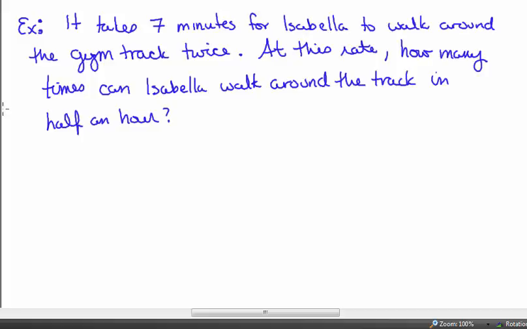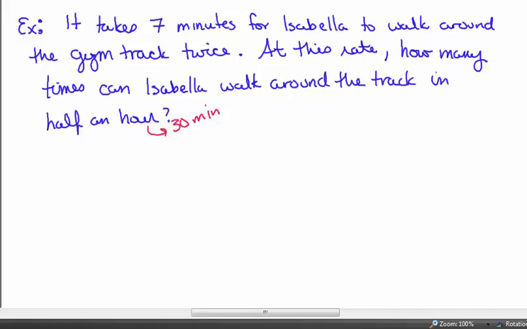Okay, let's do another example. So I'm going to write it down. All right, so it takes 7 minutes for Isabella to walk around the gym track twice. At this rate, how many times can Isabella walk around the track in half an hour? Okay, so half an hour is 30 minutes.